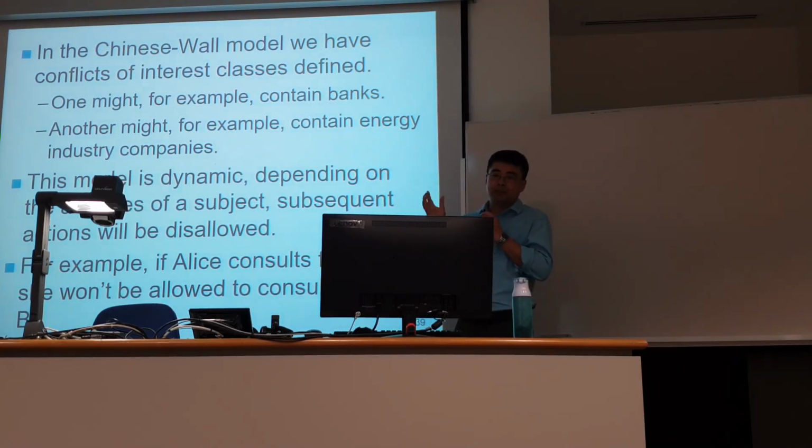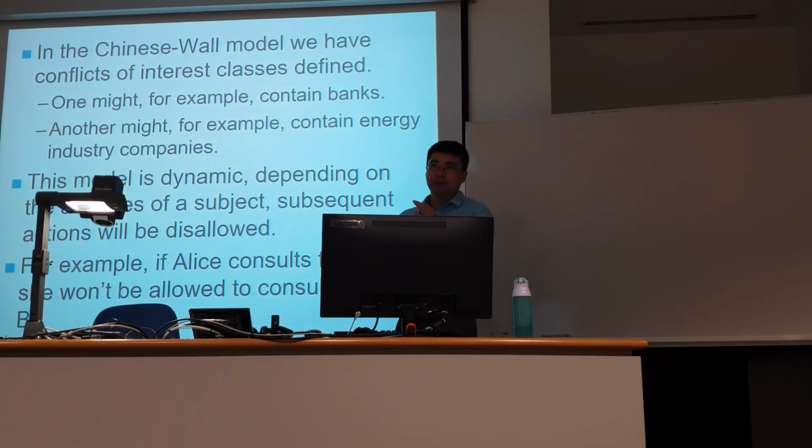But at the beginning, the consultant can access either data set. However, once the consultant has accessed one of them, then the policy will change. Now the consultant will not be allowed to access the other data set. So the policy will change dynamically according to the action performed by the user.